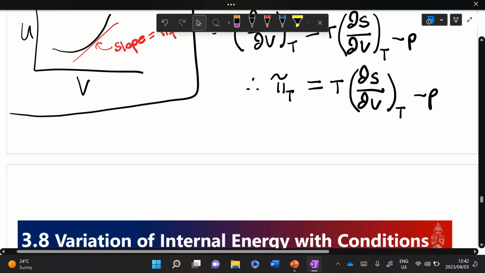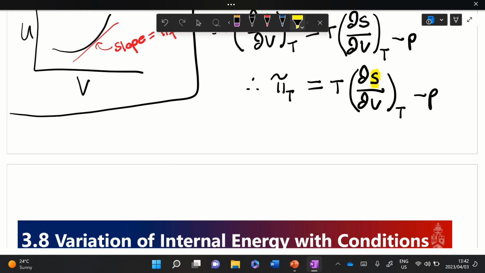Now, this term is still not a measurable quantity, because entropy, how the hell do we measure entropy?